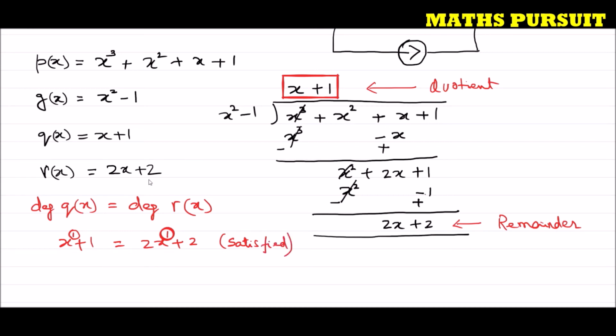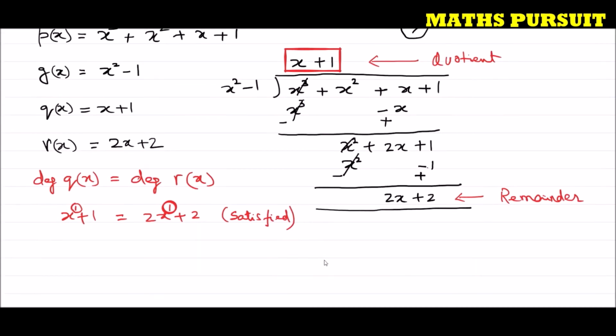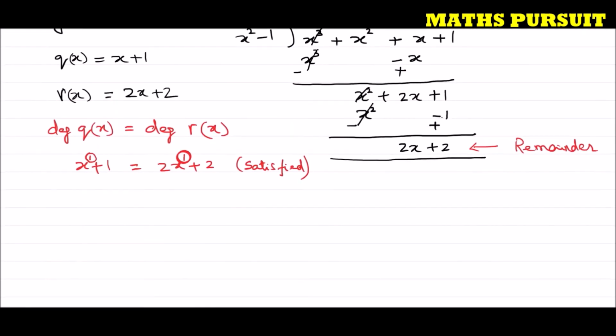Now let us look into the other condition. The other condition was that it should satisfy the division algorithm. Now let us check by putting the data in our division algorithm. We know that our division algorithm says that Px is equal to Gx into Qx plus Rx.